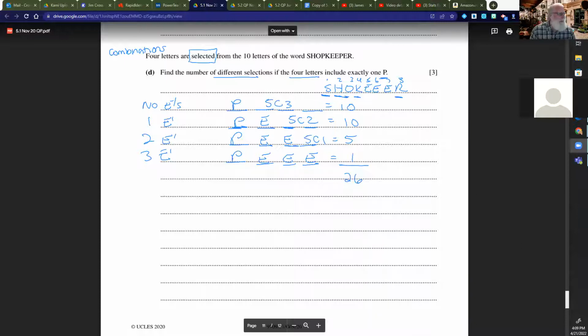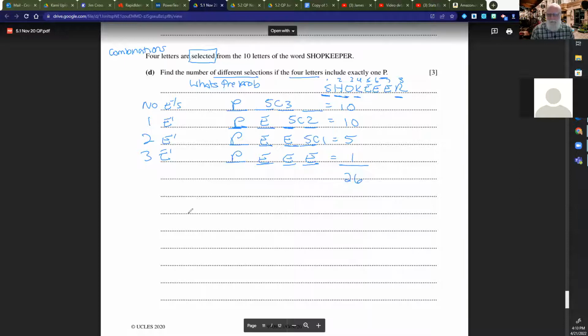All right. Now, there's one thing that's different, and I want to talk about it. They also do the same kind of problem, and what they'll say is, what's the probability? If this didn't say what are the number of different selections, but instead said, what's the probability? Well, then I'm going to find the number of things I'm interested in and then divide by the number of ways that it could possibly happen.